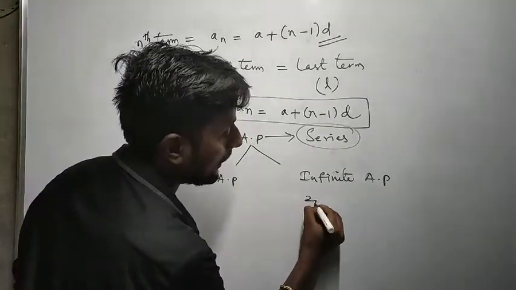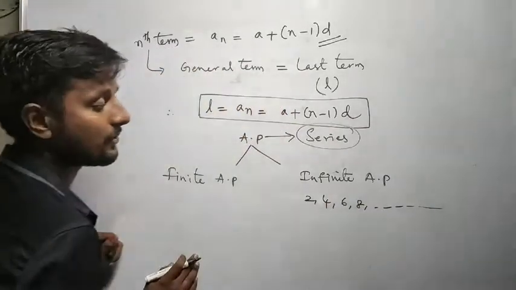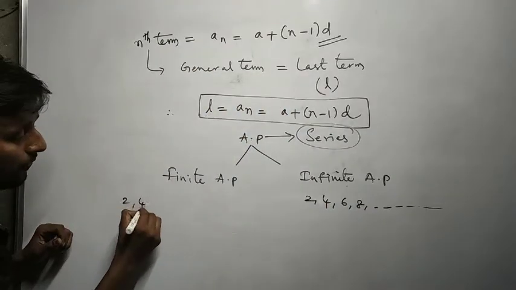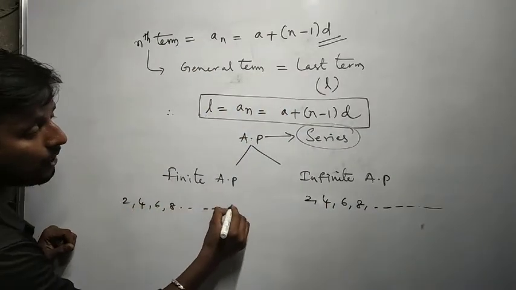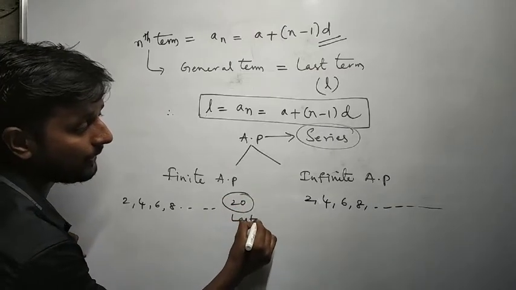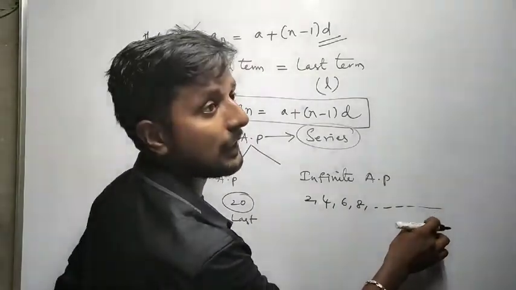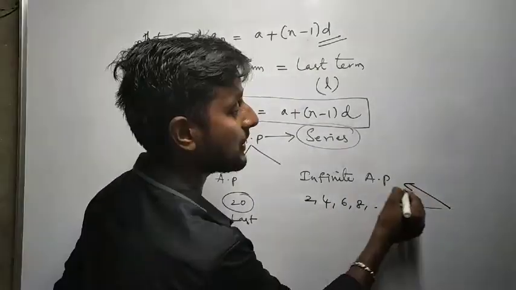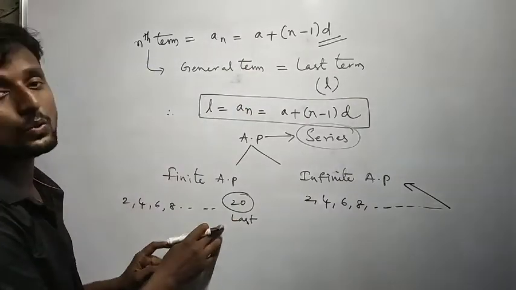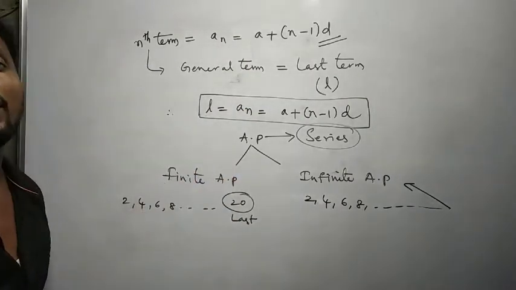Example: if I write 2, 4, 6, 8, and so on, we don't know what the last term is. But if I write 2, 4, 6, 8, and so on up to 20, here I know the last term, that is 20. So these kinds of APs come under infinite AP, and here we know the exact last term, so these come under finite AP.